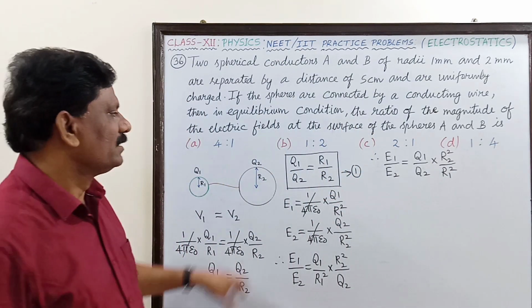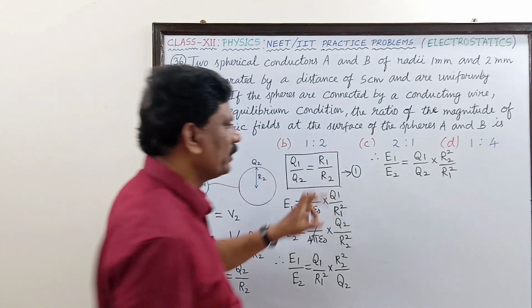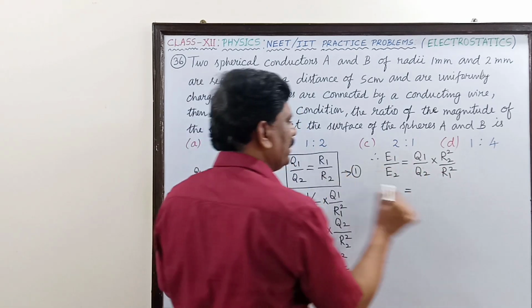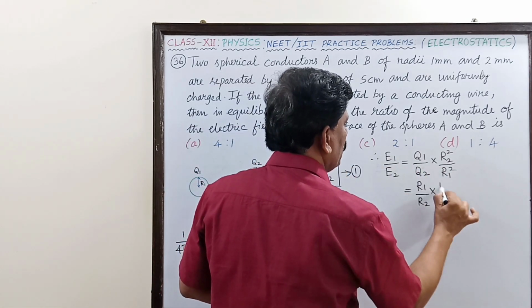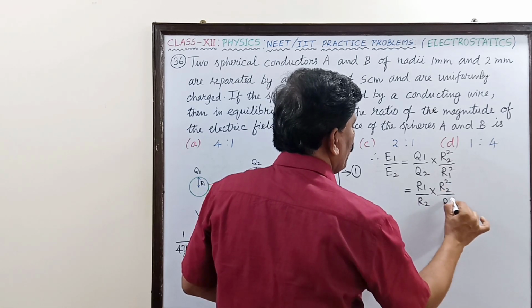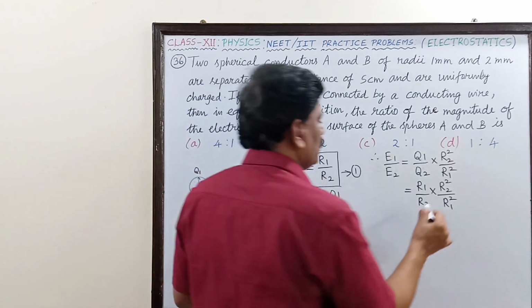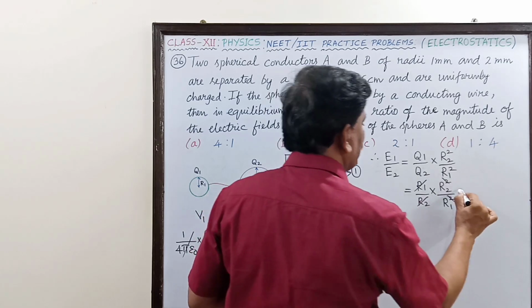Instead of Q1 by Q2, what shall be substituted is R1 by R2. So in place of that, I am writing R1 by R2 into R2 square divided by R1 square. So this R1 and the power get cancelled, R2 and this power get cancelled.